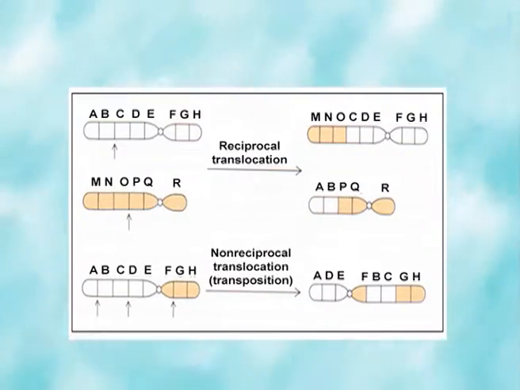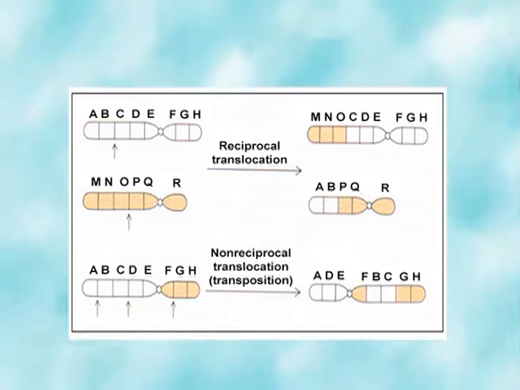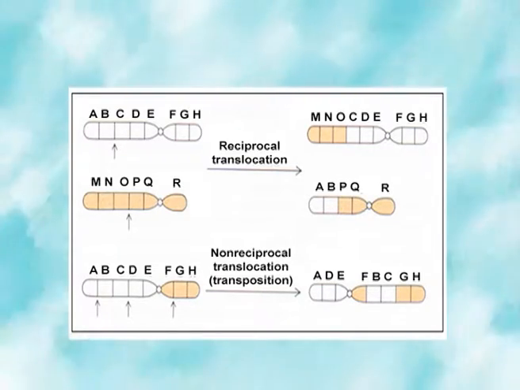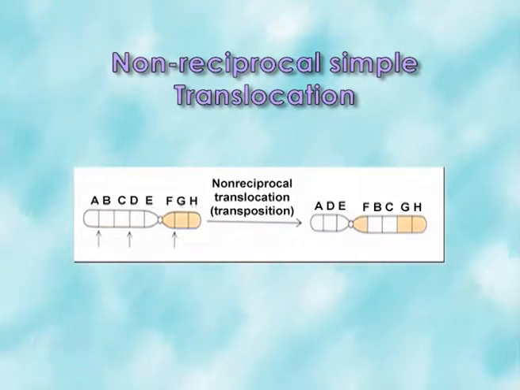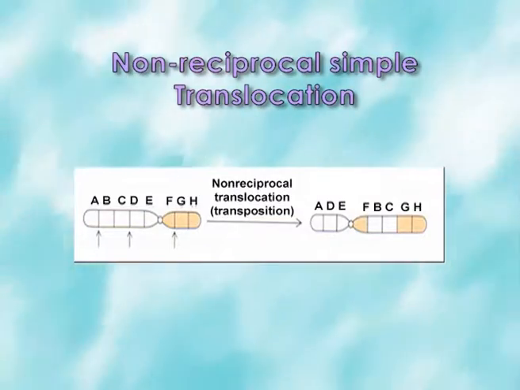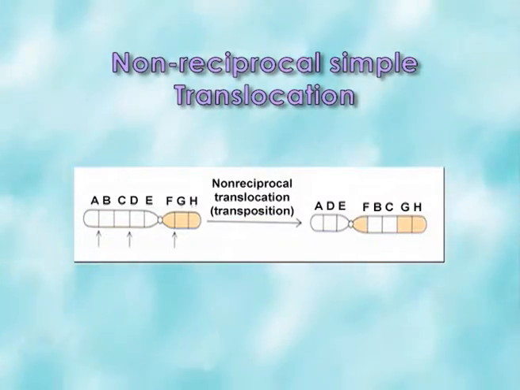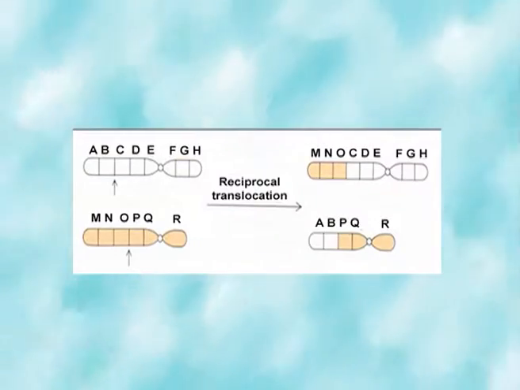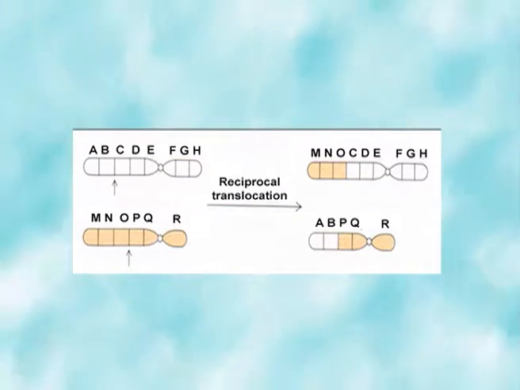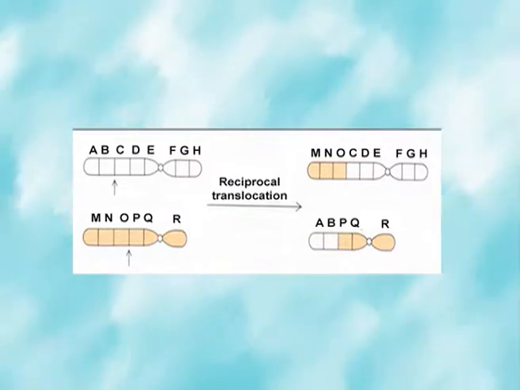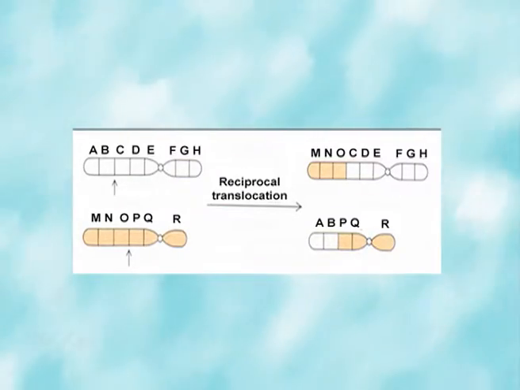Next, the various types include reciprocal and non-reciprocal translocation as well as shift. In simple non-reciprocal translocation, one single break occurs, some portion may be lost and some portion can be united at another location. But no loss is found in reciprocal translocation, because two breaks are made between two homologous or non-homologous chromosomes and the two portions are interchanged or recombined.